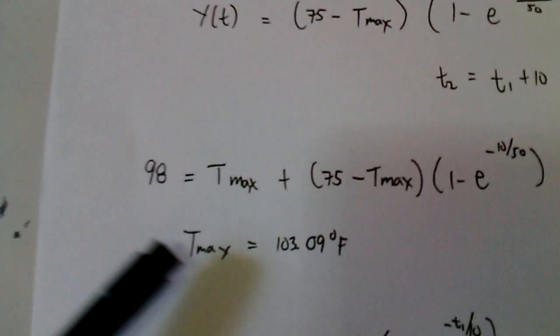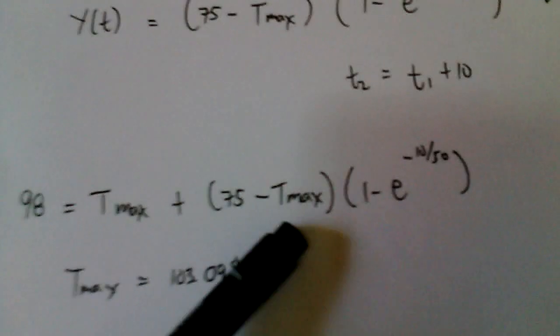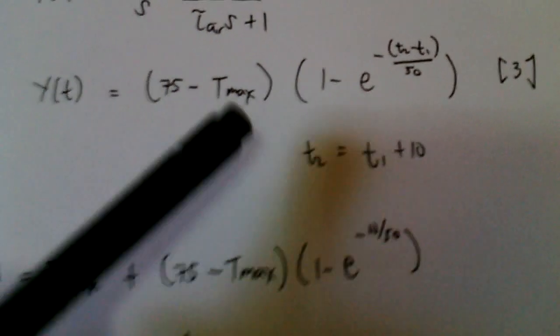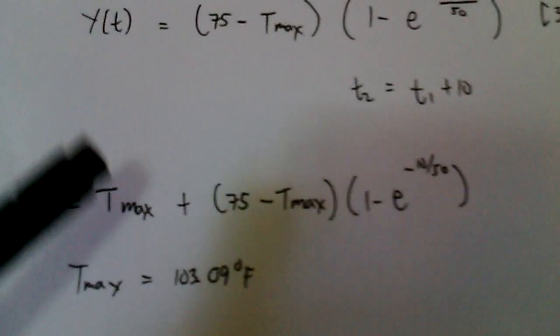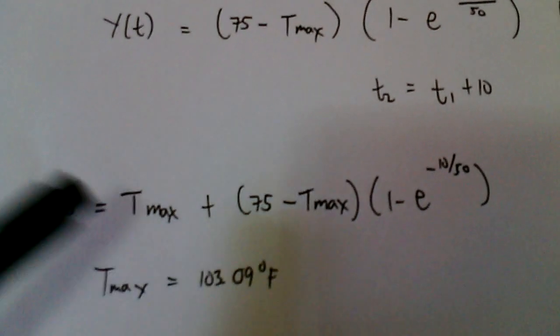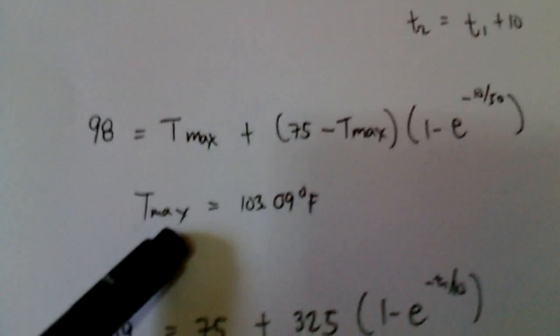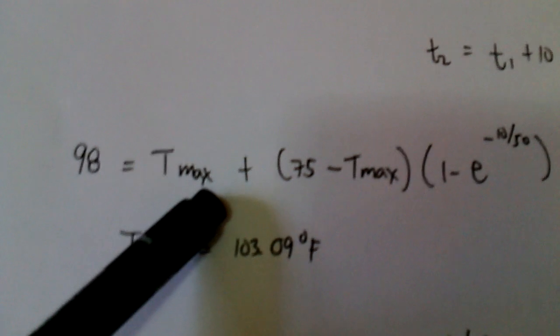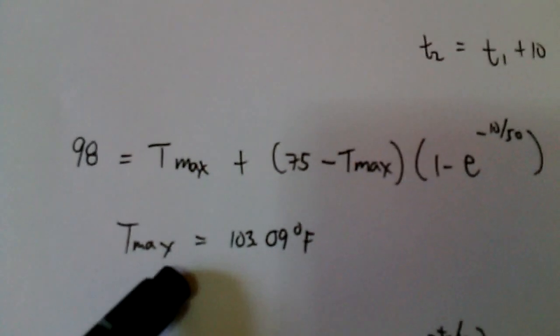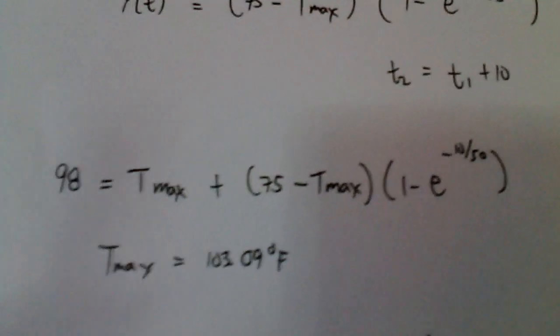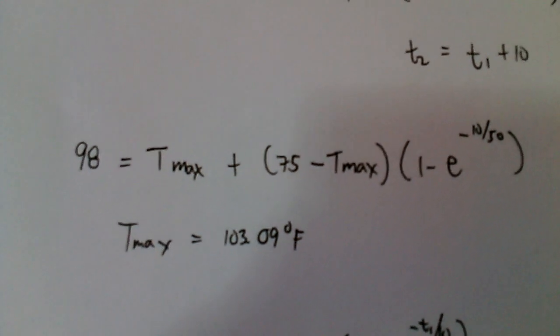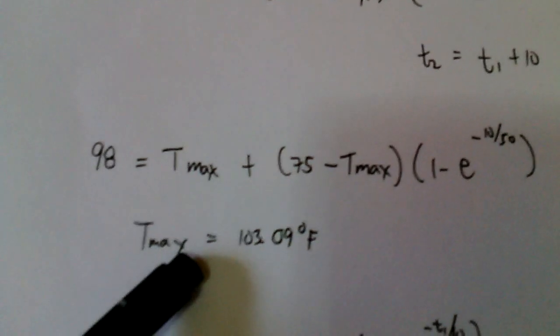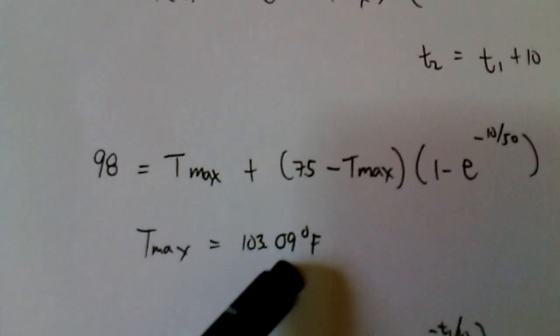So we have 98 degrees Fahrenheit equals this third equation, 75 minus Tmax here, then adding the Tmax to get the answer for the Tmax. Tmax equals 103. By the way, this is just using your calculator. We get Tmax equal to 103.09 degrees Fahrenheit.